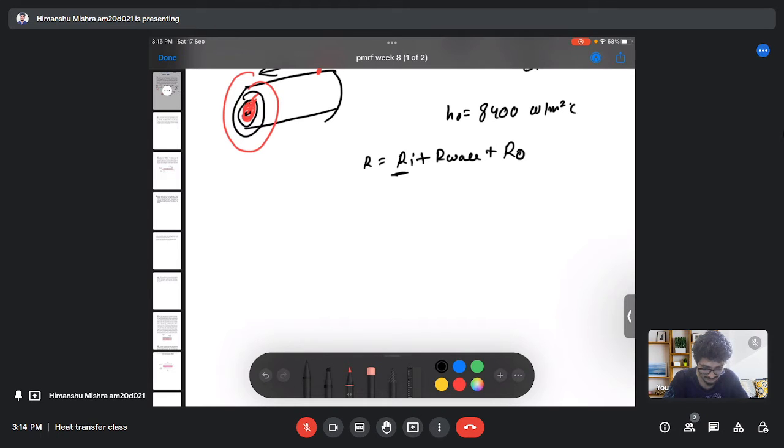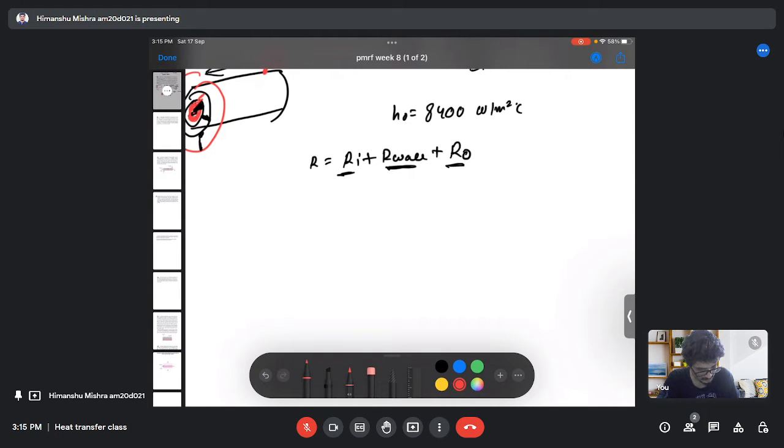That means here in this region. And this is the resistance of the wall. That means when the heat transfer takes place by conduction in the solid wall. So this is the resistance of that wall. And the third part is the resistance present when there is a heat transfer between the outer wall and the outer fluid.